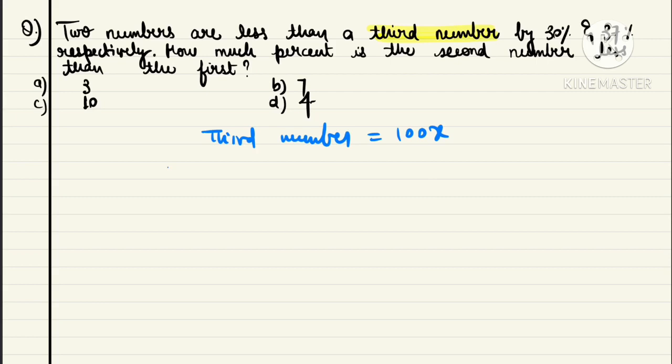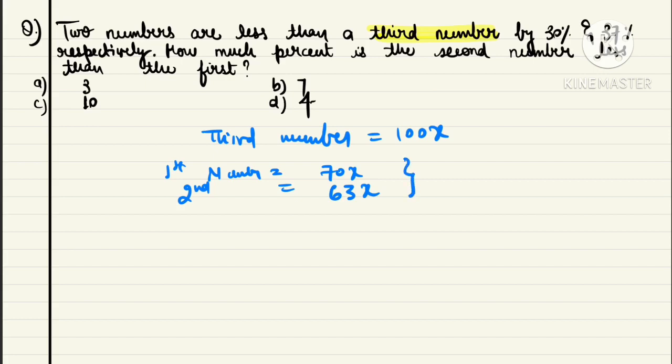Then the first number will be 70x because it is 30% less. And the second number will be 63x because it is 37% less than the third number, right?